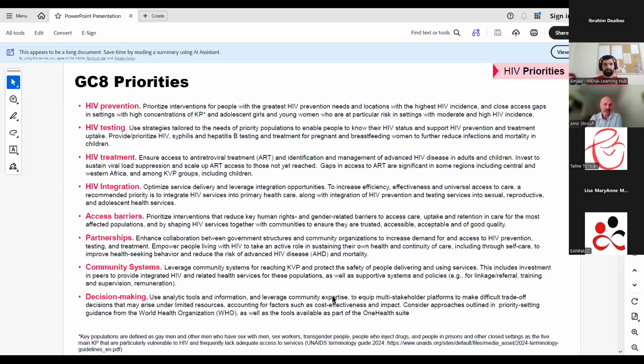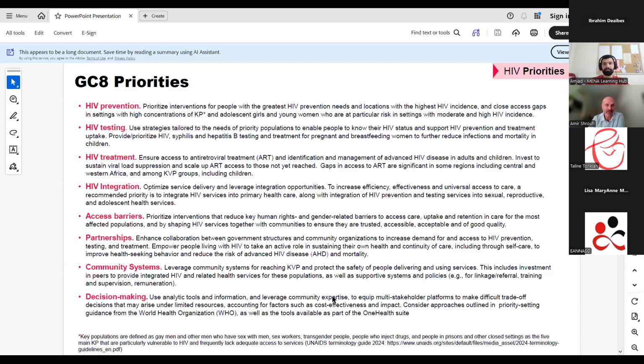And when we look at even some concentrated epidemics, where the epidemic is driven by key and vulnerable populations, still those key and vulnerable populations face disproportionate barriers leading to problems in getting access to ART.